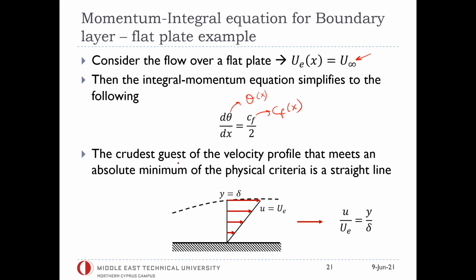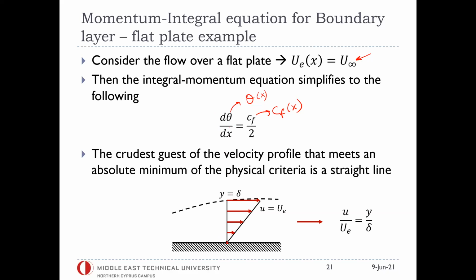Let's guess the crudest, very rough velocity profile, which is basically a simple linear line. But the absolute minimum physical criteria must be satisfied. What is that?